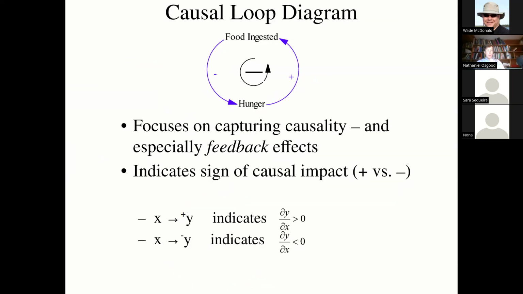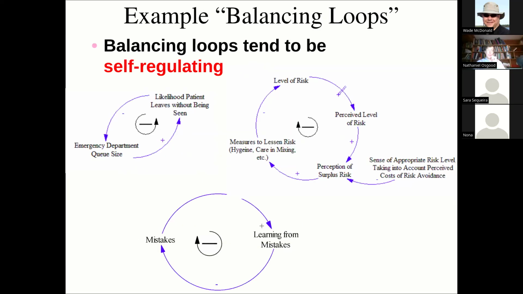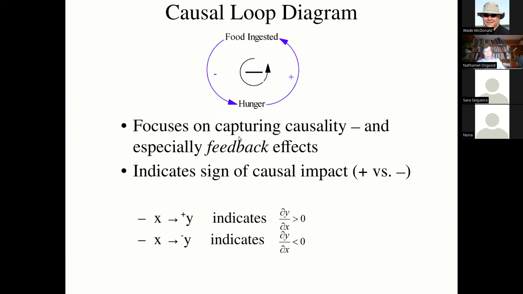When we have paths of these that form loops, they fall into two broad categories with some subtypes. Some are called balancing loops, or negative loops. This is an example of a balancing loop. But why is it a negative loop?